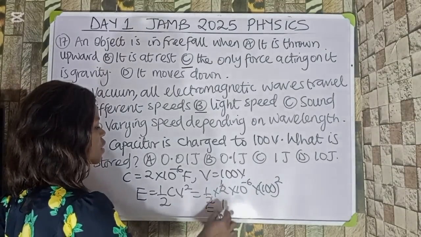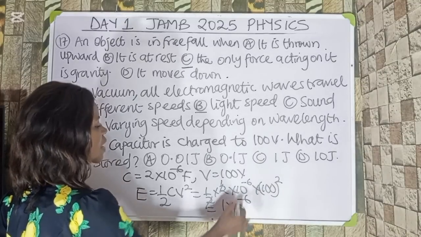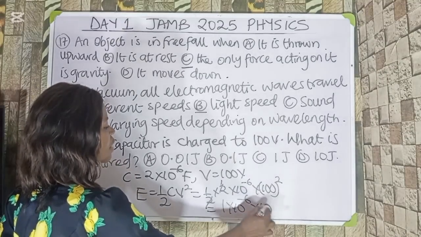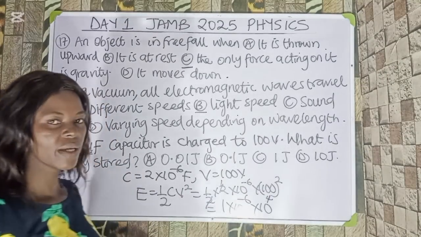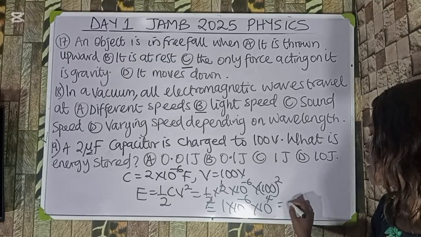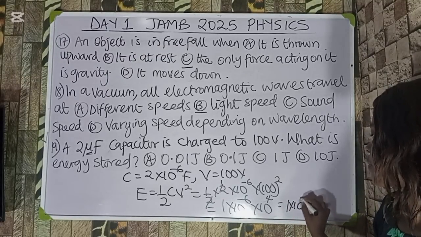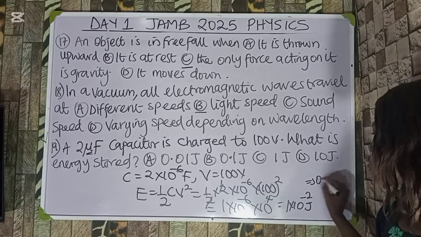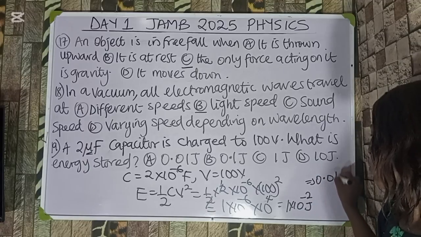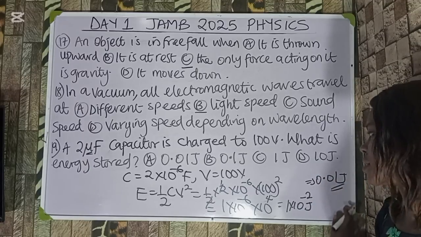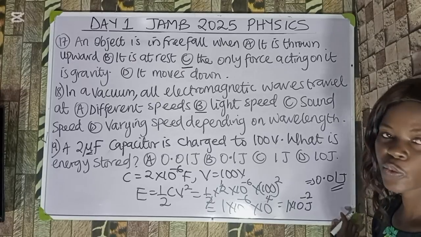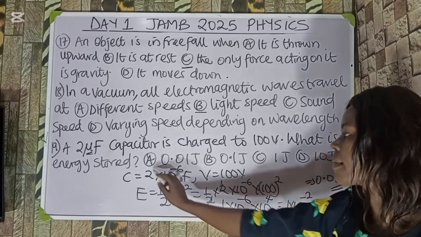So this becomes 1 times 10 to the power of minus 6 times 10 to the power of 4. By the time you work it out, this is 1 times 10 to the power of minus 2 joules, which is the same thing as 0.01 joules. So the correct option to this question is option A.